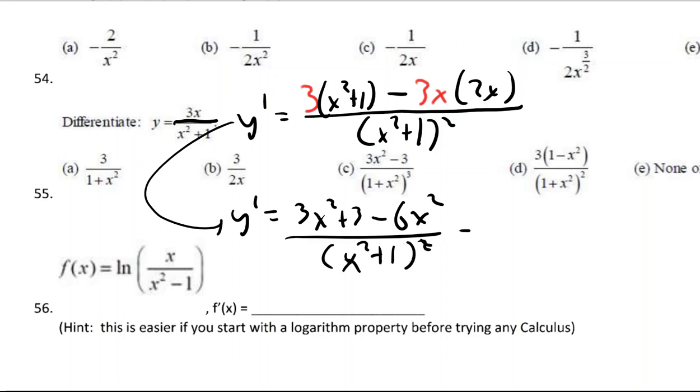Probably not going to mess with this denominator. If we combine these like terms, we get to this. And now we're pretty close. It looks like the answer should be what?